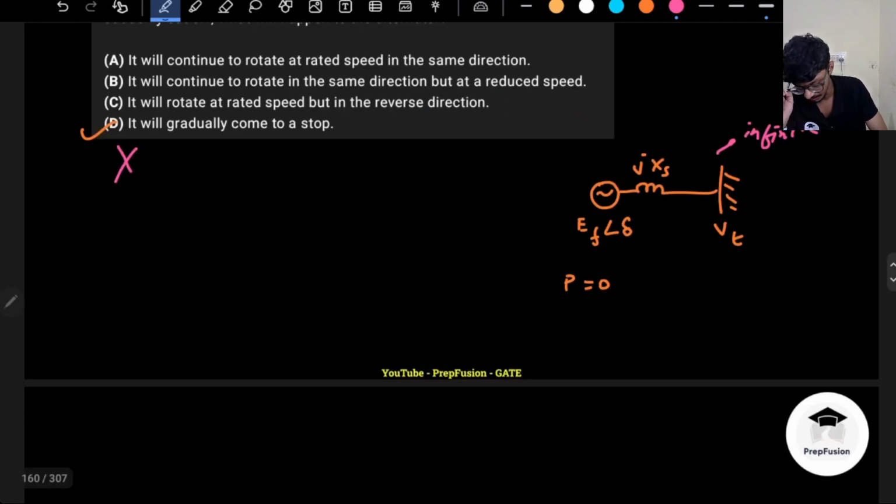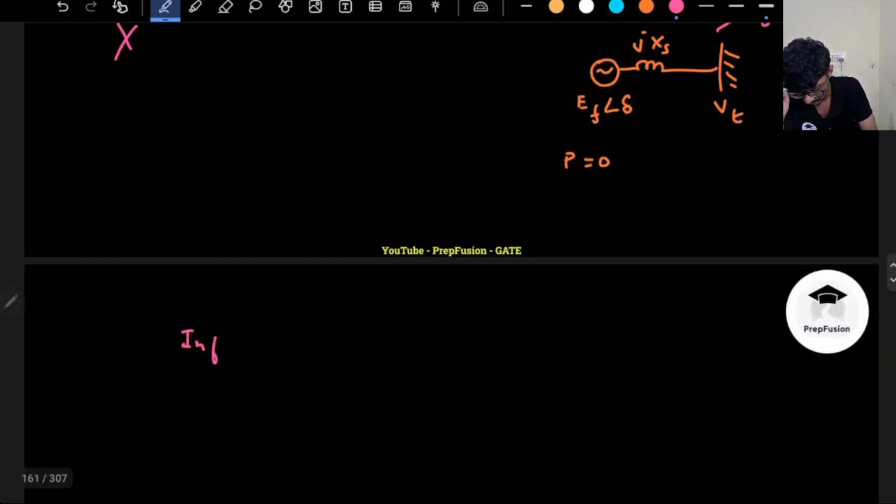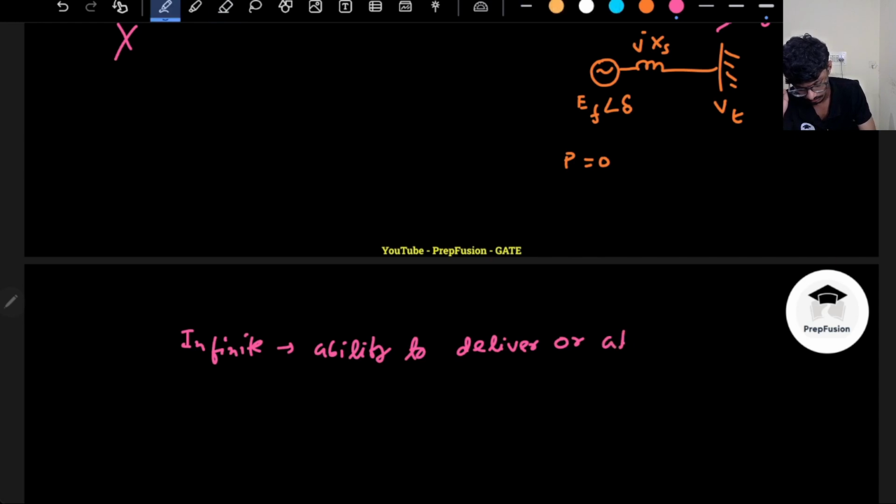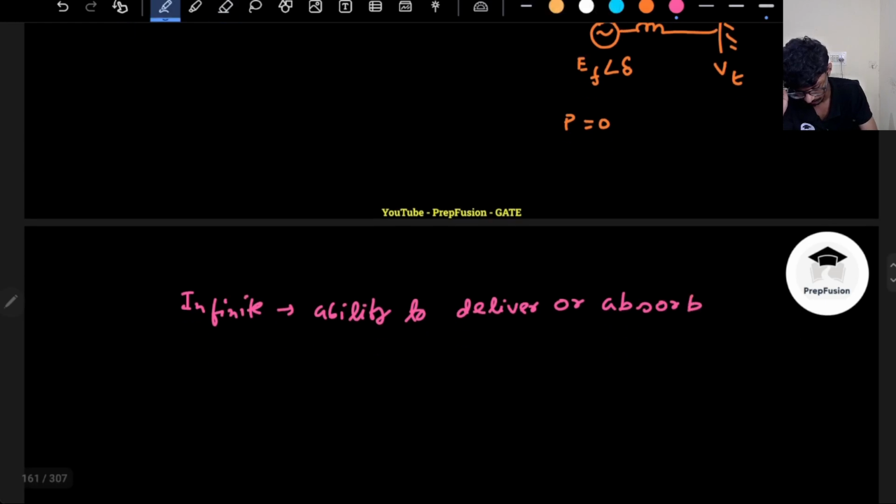The property of an infinite bus is that it is just like an ideal voltage source. It has the ability to deliver or absorb power.